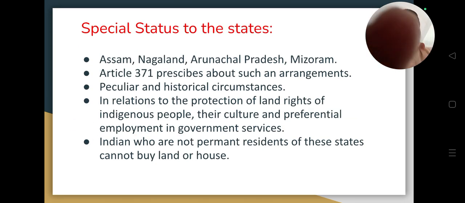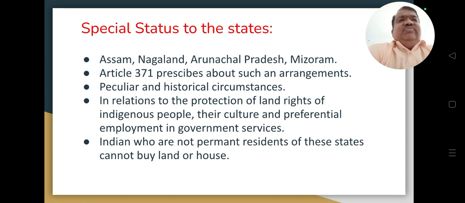That is why we need to understand many more other things. Some special status to states. Some states in India have received special status, for example, Assam, Nagaland, Arunachal Pradesh, Mizoram.